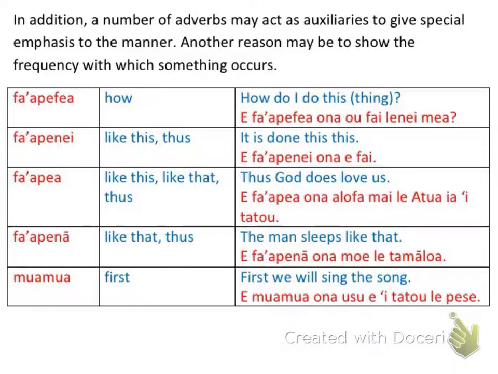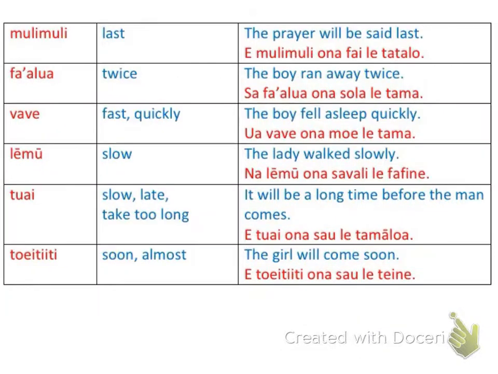So I encourage you again to pause this. I hope you paused it, and I hope you memorized this, and I hope you looked at the example sentences on the right. Okay, and this is the last part of the adverbs that you'll have to memorize for the stative auxiliary verbs, or adverbs in that case.